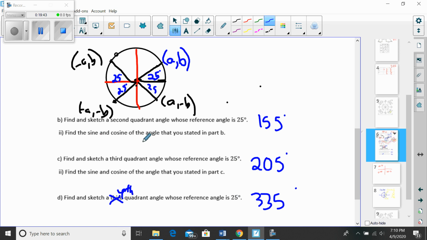All right, sine and cosine then. So sine is y. So sine would be b. Cosine would be negative a. So that goes together and that goes together. All right, down in the third quadrant, both are negative. All right, so this would be negative b, negative a.